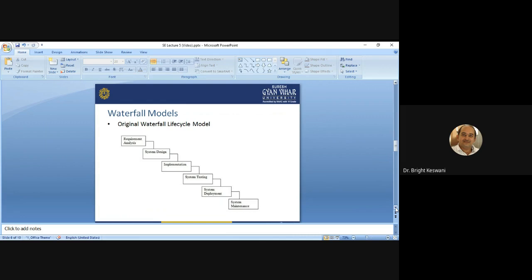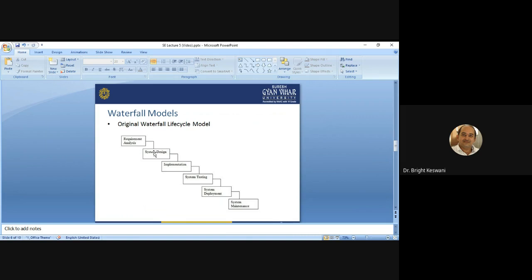So this is the basic idea about the original waterfall life cycle, that each stage produces some output, and the output of one stage goes to the next stage.